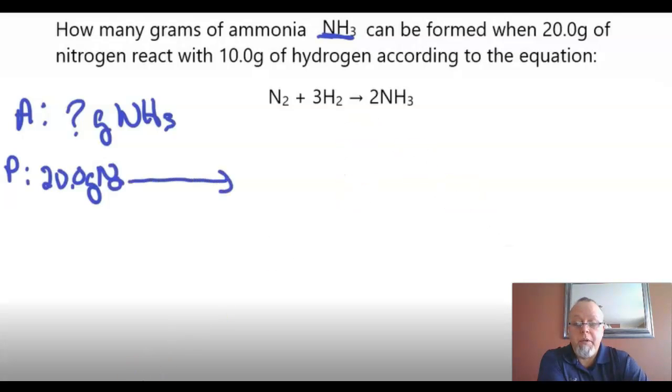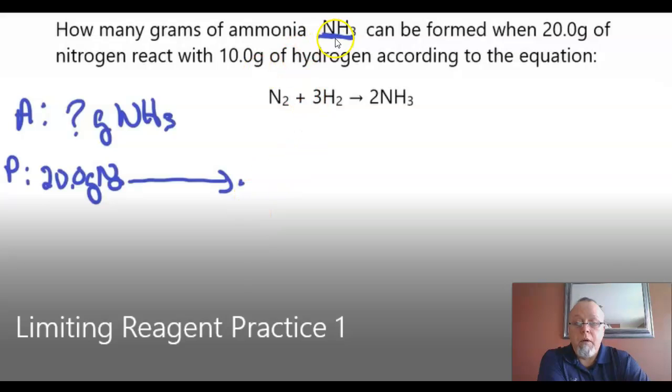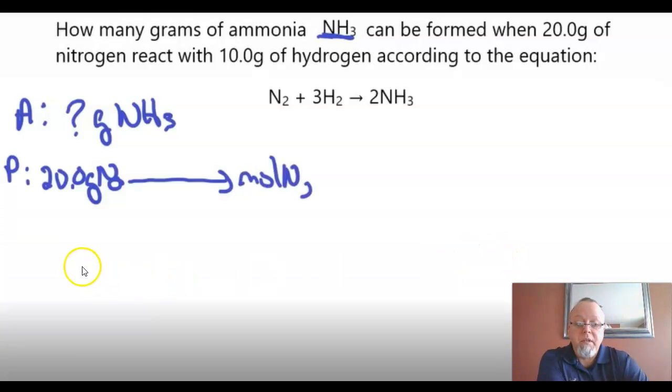We can't simply go directly from grams of nitrogen to grams of NH3 because they're different. A gram of an apple has a different number of them than a gram of a grape. So we go through the mole. Mole speaks the same language.